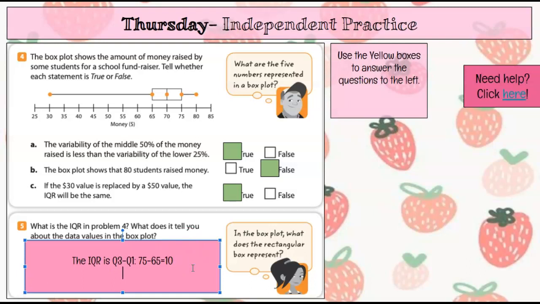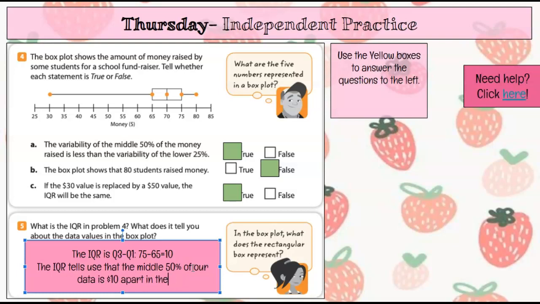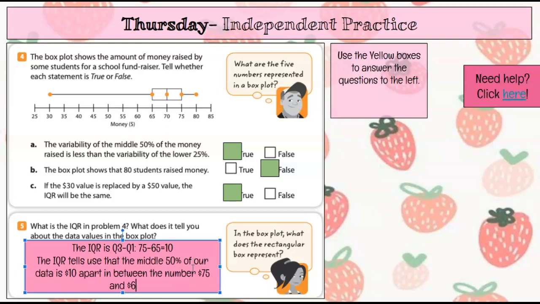What the IQR tells us is, I'm sorry, the IQR tells us that the middle 50% of our data is $10 apart in the numbers in between $75 and $65.